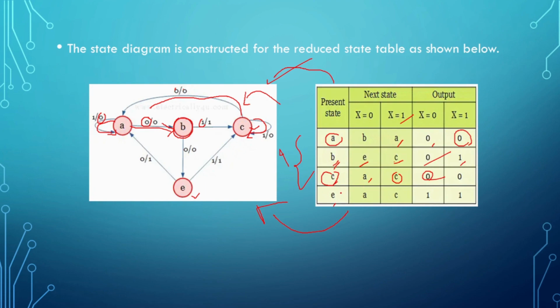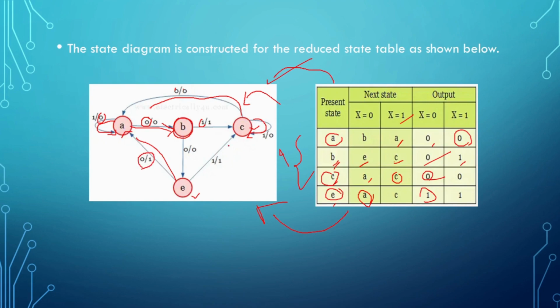And the last state is E. In this E, when input is given as 0, the next state is A. So the arrow mark mentioned is A and the output will be 1. So 0 by 1.